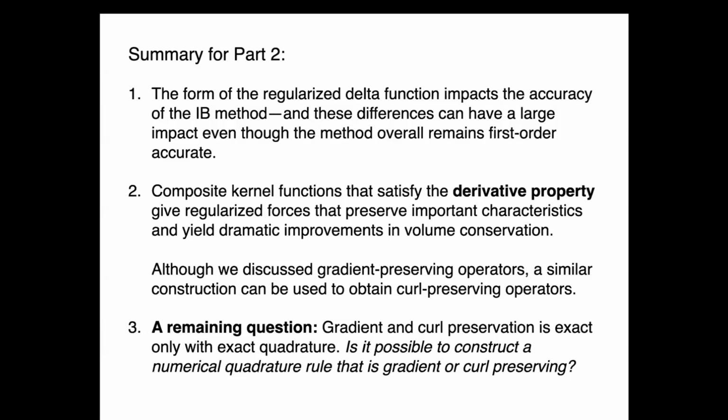But maybe before I stop, it's really easy to do this on a MAC grid. You just need to use different delta functions in the x and y directions for the x and y components of things. And this is another thing that I think Cole actually discovered: you can do the opposite thing and you get a function that preserves curls.